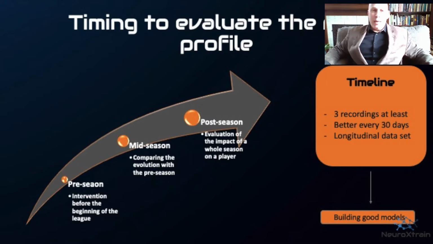With many of our athletes, we try to do it every 30 days, but at minimum, you want at least 3 points to validate your model, because 3 points are going to tell you whether you actually have a linear relationship over time. So I would say at minimum preseason, mid-season, and postseason. That's going to give you a lot of good longitudinal information to build good models for that athlete.